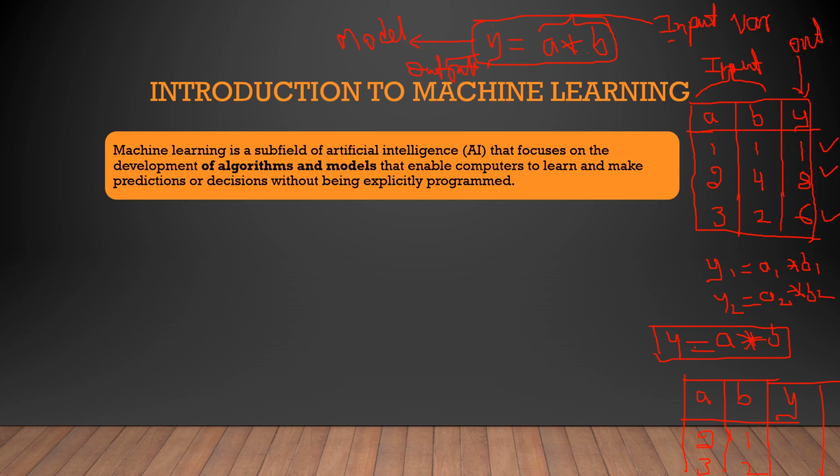2 into 1, A into B means 2 into 1, 2; 3 into 2, 6. So the machine generates these output values. Generally, it does the prediction with the help of this model. That's how it works. First it generates a model by evaluating the data provided by the user, which has both input and output variables.